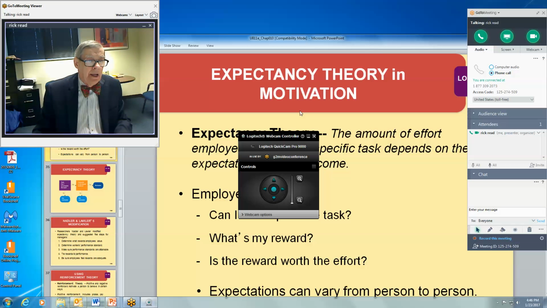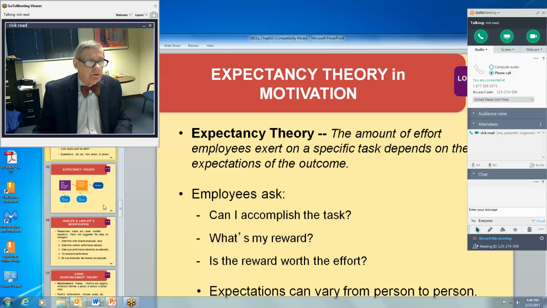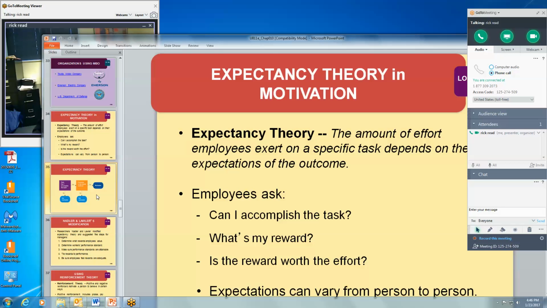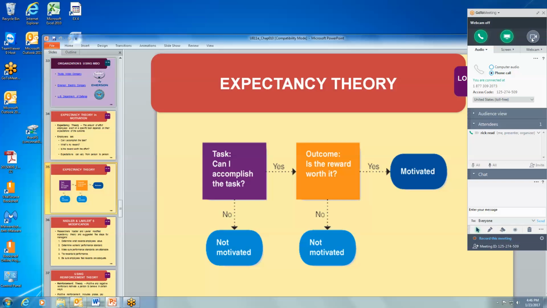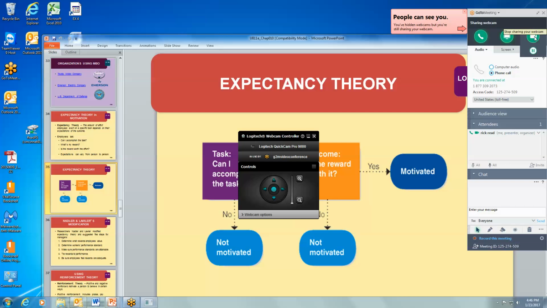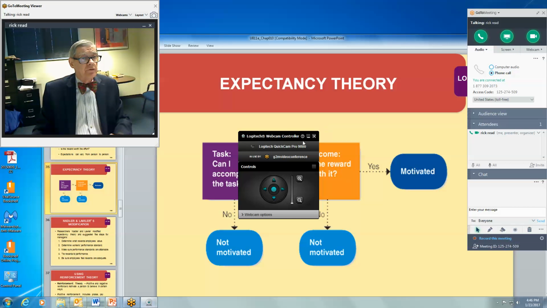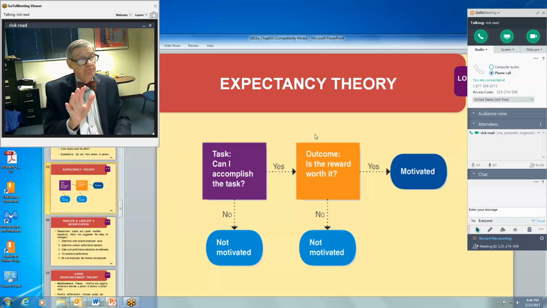And we'll look at it here graphically, and you can see it in your text, the figure 10.6 at the top of page 281. Notice here, first question again, we go back to, can I accomplish the task? And if the answer is no, the person is not motivated and everything stops.